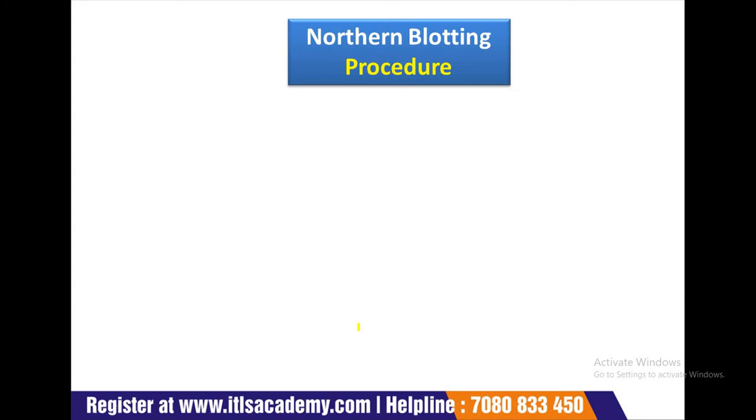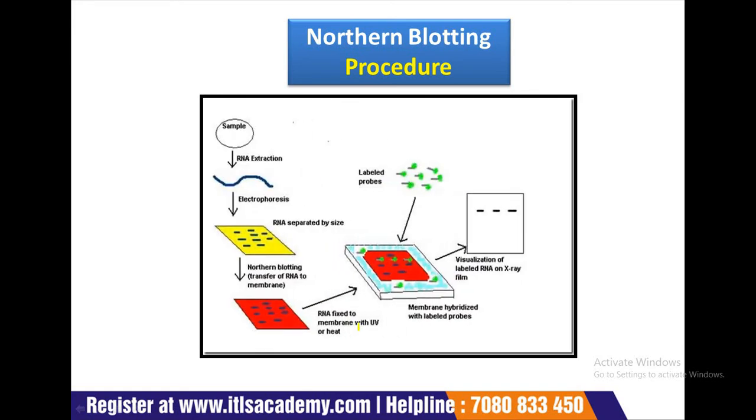So, now we are going to discuss the procedure of Northern blotting. The tissue or culture sample collected is first homogenized. Here, this is the RNA sample, and it is homogenized.